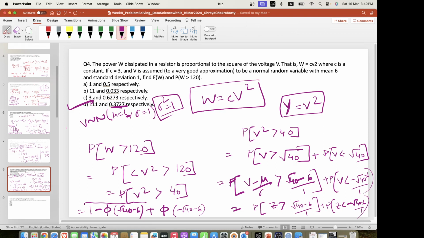Got it, ma'am. Yes, ma'am. All right. So suppose it was written v square, and you would have wanted probability w less than 120, then where should the change have been made?